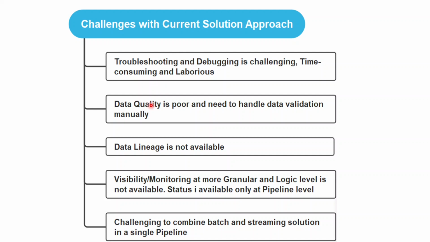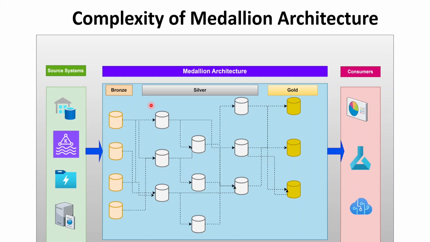And the second thing, coming to data quality, is that it's going to be poor, and at each and every stage we have to manually write a lot of code in order to handle the data quality. And we don't have any mechanism to monitor those data quality checks. Let's say we have some corrupted records, or certain records which deviate from the standard.